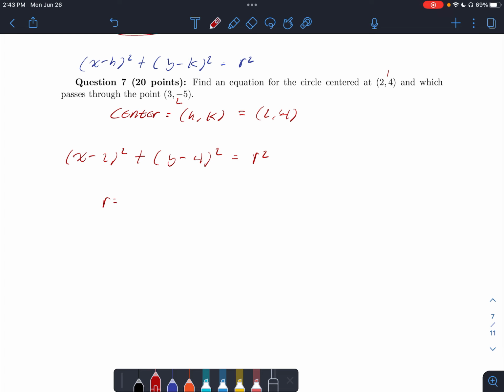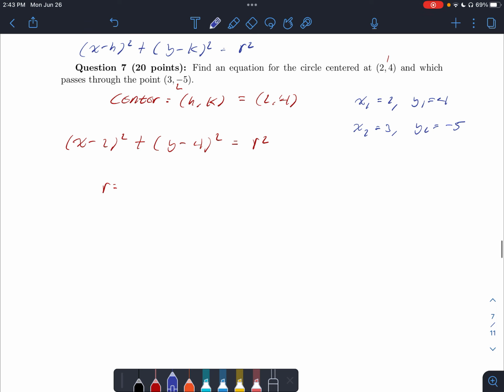So we'll say that x1 equals 2, y1 equals 4, x2 equals 3, and y2 equals -5. So we can plug everything in. r is equal to the square root of (x2 minus x1) squared, so (3 minus 2) squared, plus (y2 minus y1) squared, so (-5 minus 4) squared.